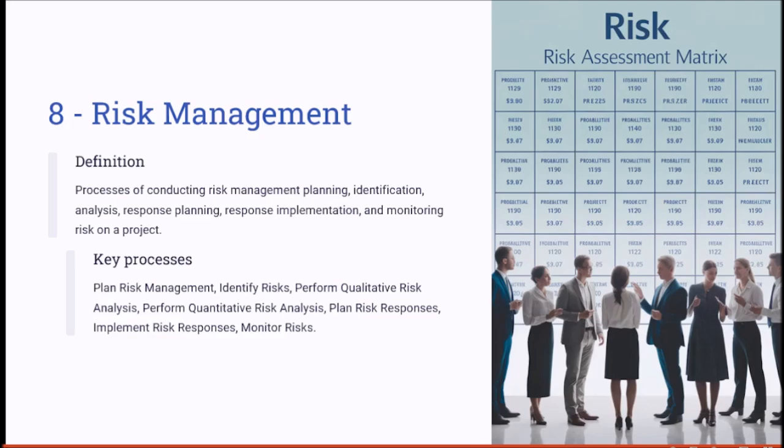The last key process is monitoring the risks. That means monitoring the implementation of the agreed upon risk response plans, tracking identified risks, analyzing new risks that might come up when you are executing the project, and also evaluating the risk process effectiveness throughout the project.